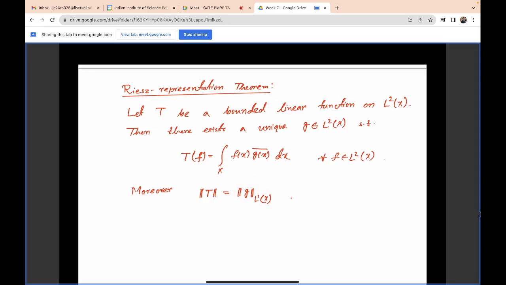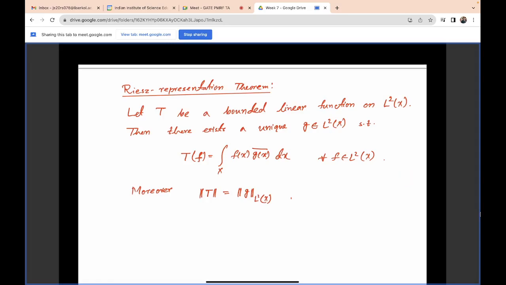I have stated it only for L2 of X, but more generally in any Hilbert space there is a notion of inner product. There you can say that if there is any bounded linear functional, then there is a unique function in that Hilbert space such that T of f is given by the inner product of f with g, and the norm of T will be the norm of g. So it is for Hilbert space.